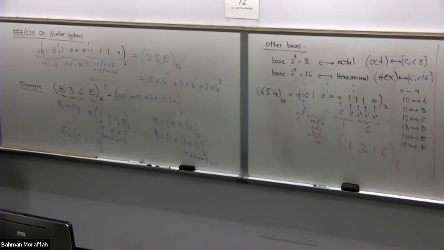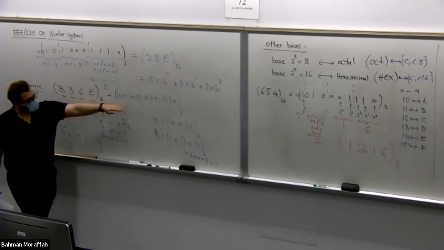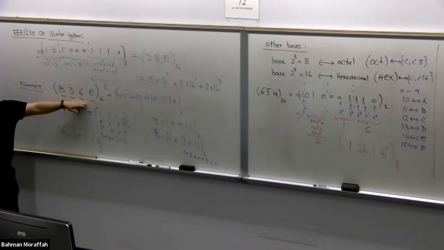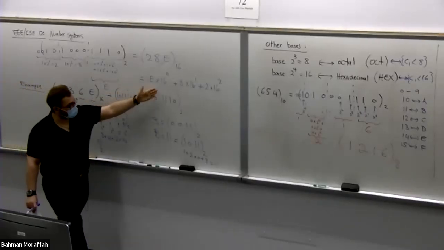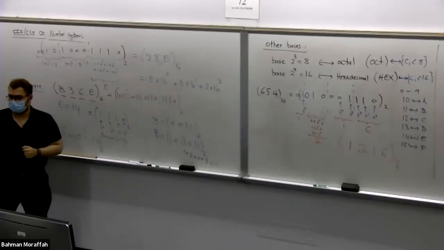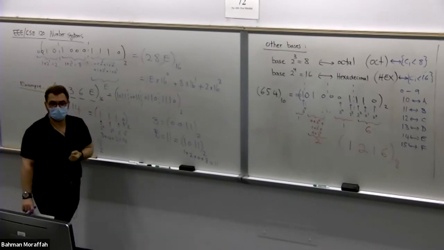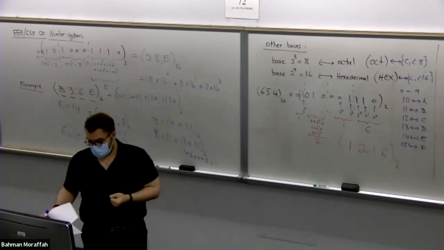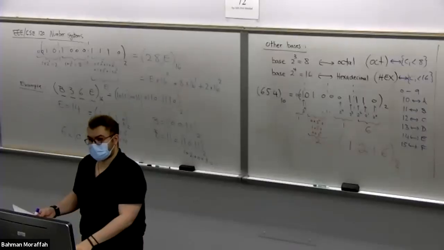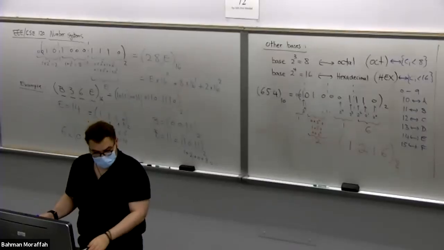That's the only difference. And if I want to go from binary to octal, then instead of dividing it by 4, I divide it by 3, so every 3 digits. Is that clear to everybody?